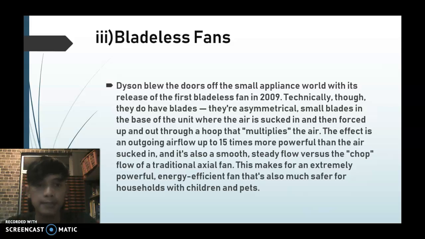The effect is an outgoing airflow up to 15 times more powerful than the air sucked in, and it is also a smooth, steady flow versus the sharp flow of a traditional axial fan. This makes for an extremely powerful, energy-efficient fan that is also much safer for households with children and pets.